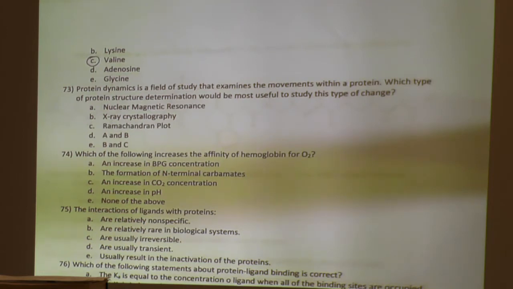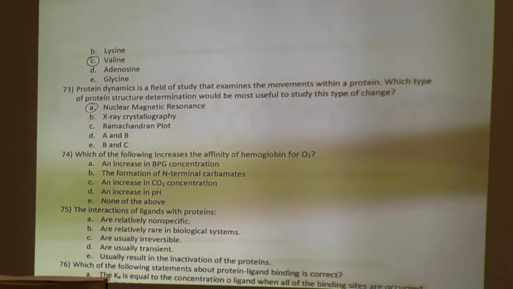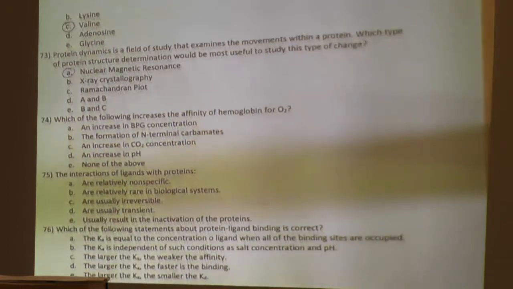Anybody remember from way back? Is it A? It is A. It is NMR. C, a Ramachandran plot? I don't know off the top of my head. I know I didn't put it in the review, so we'll have to go over that if there are still questions and if we have time.